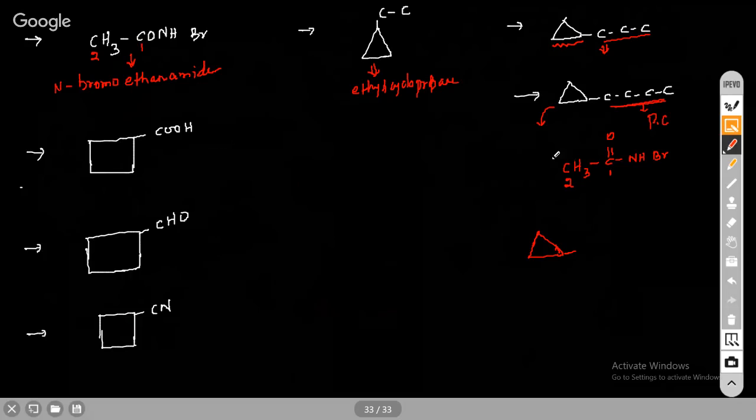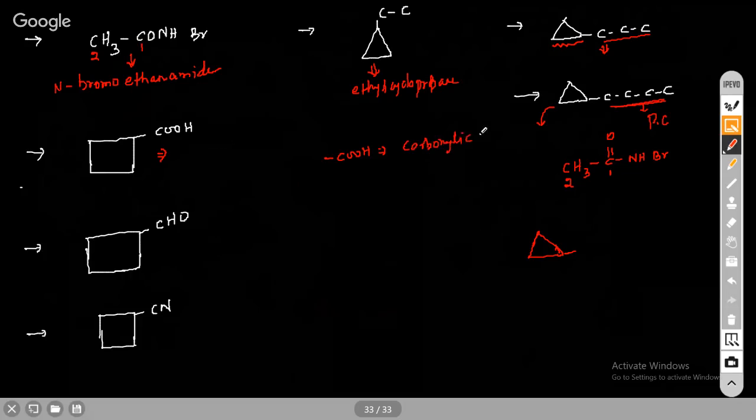Now, what is the name of this compound? For this kind of compound, when a carbon-containing functional group is attached directly to the ring, we use the following suffixes. If COOH is attached directly to the ring, then we write carboxylic acid.